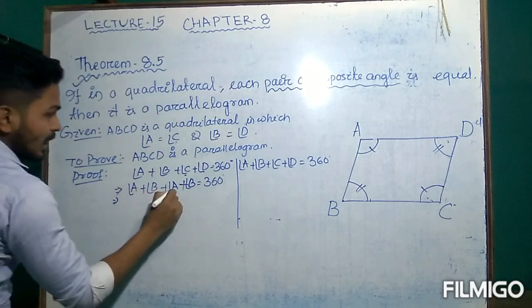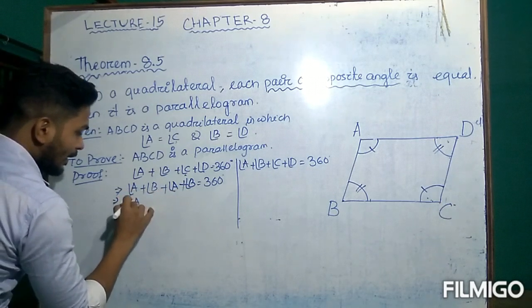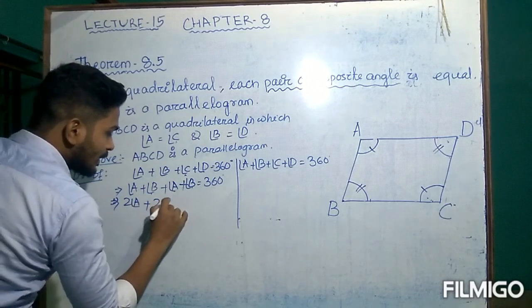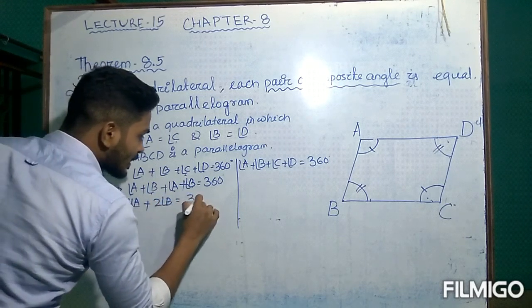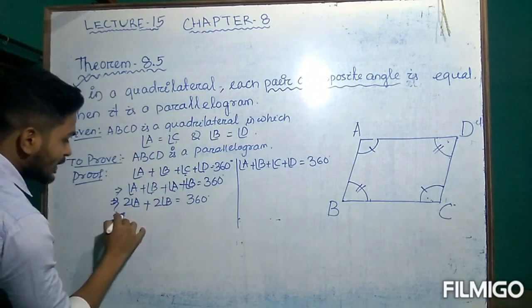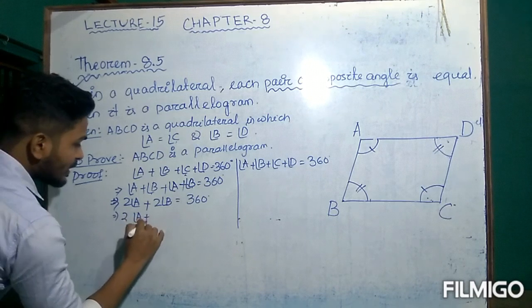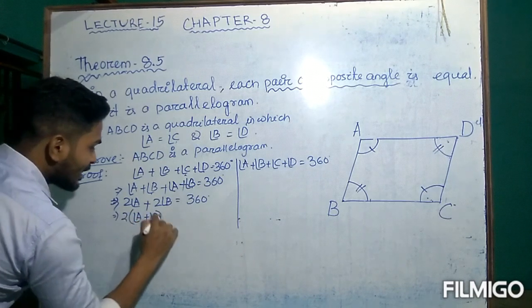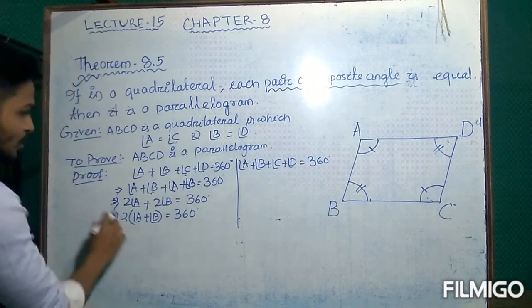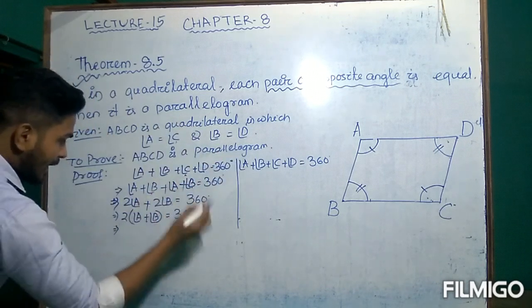So A and A, that is 2A, plus B and B, that is 2B, is equal to 360 degrees. Now take 2 as common. So we get 2 times (A plus B) is equal to 360 degrees. Now this 2 should be moved to the right hand side.